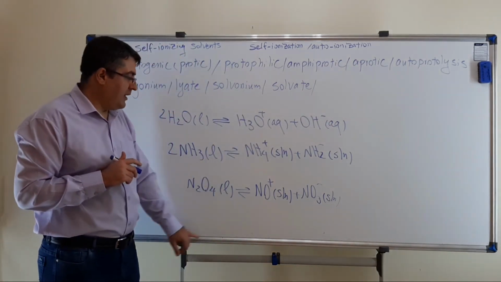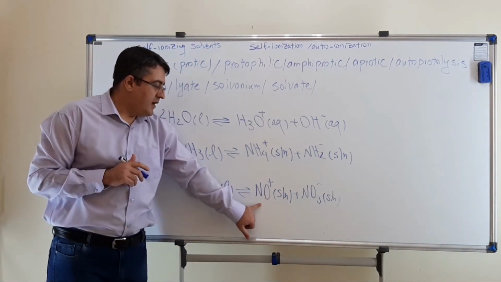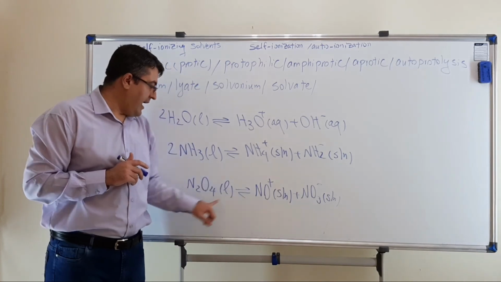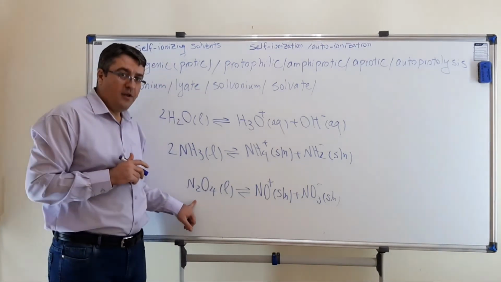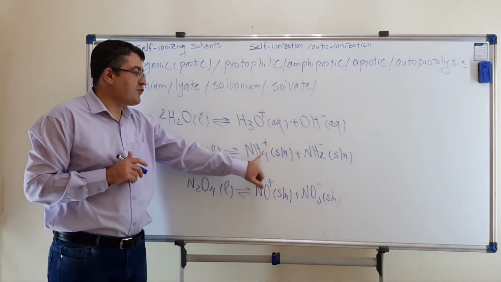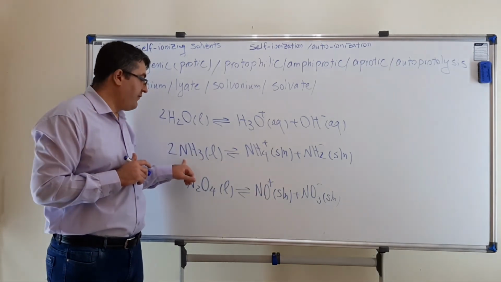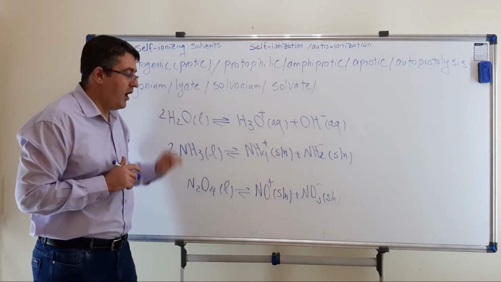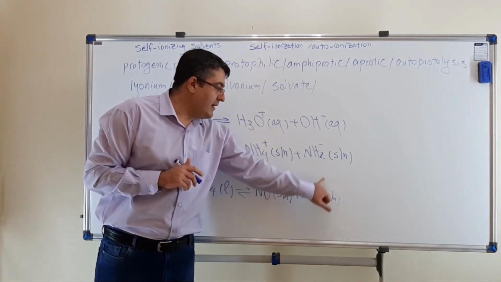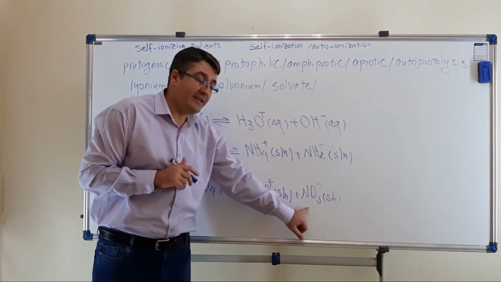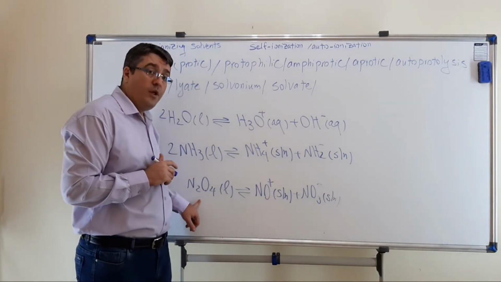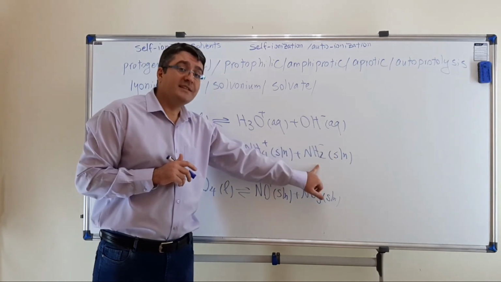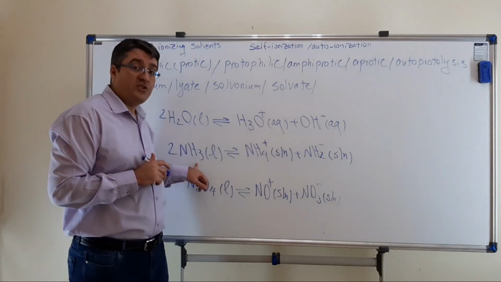For example, NO plus is the solvonium of N2O4. Similarly, NH4 plus is the solvonium of NH3, and so on. On the other hand, NO3 minus is the solvate of N2O4. NH2 minus is the solvate of NH3.